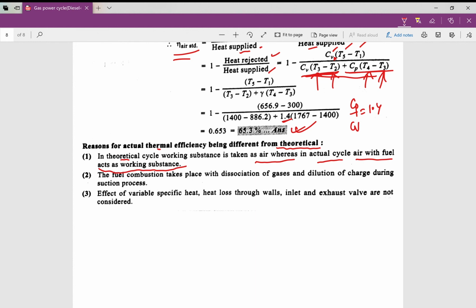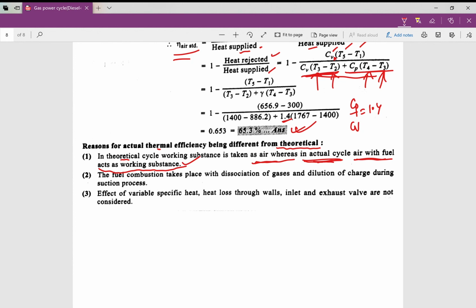As you know, in the Otto cycle, we take a homogeneous mixture of air and petrol which comes out through the carburetor and goes inside the cylinder piston arrangement. But since we take air only, we say air standard efficiency. That's why it is written here as air, whereas in the actual cycle, air with fuel acts as a working substance.